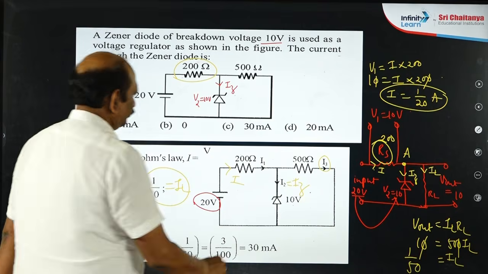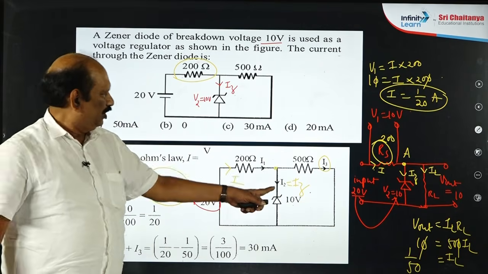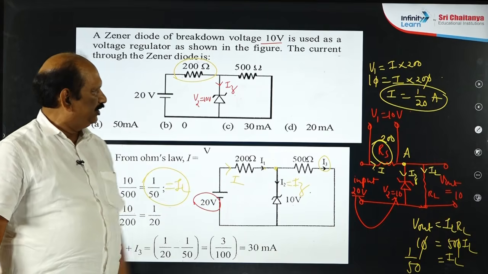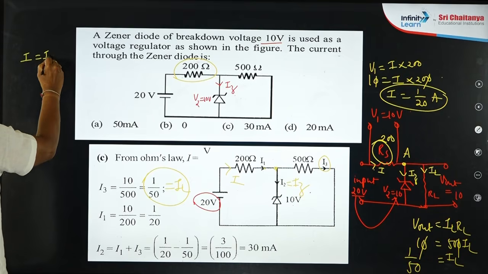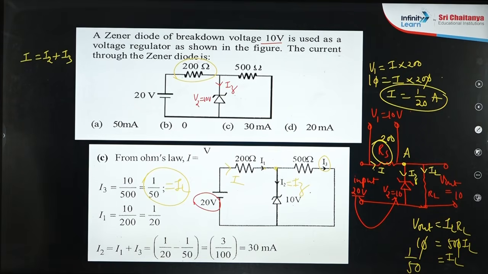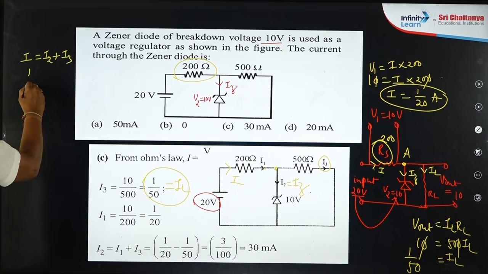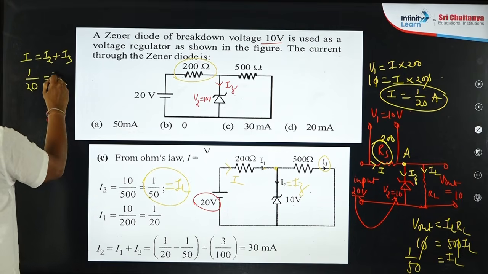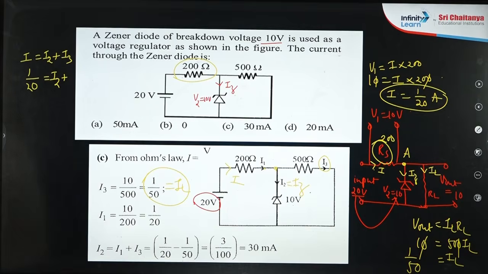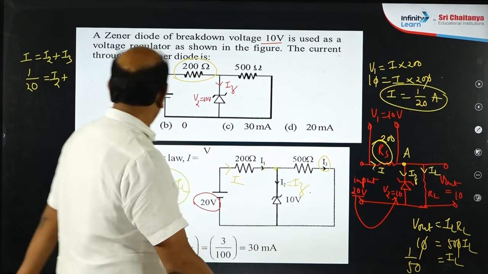Now at the junction, this current I splits as I2 and I3. Now our total current is 1 by 20. And I2 is Zener current, that only we are finding. I3, according to load current, we got 1 by 50.